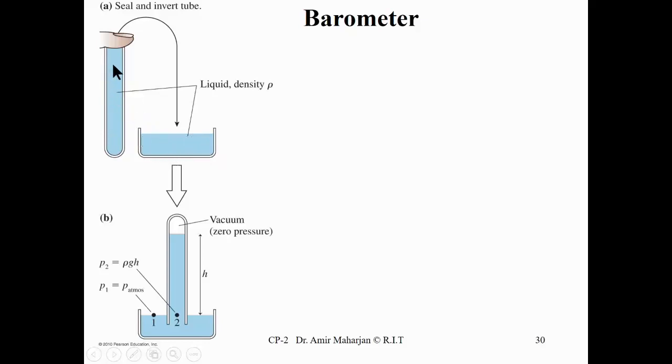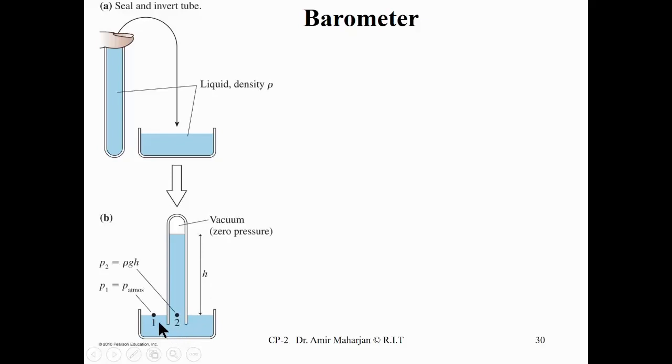First, you fill this tube full of mercury, and then you invert it, and slowly the mercury level decreases, and you maintain some height, and you have a complete vacuum inside here. Just by measuring this height, you can measure the atmospheric pressure.